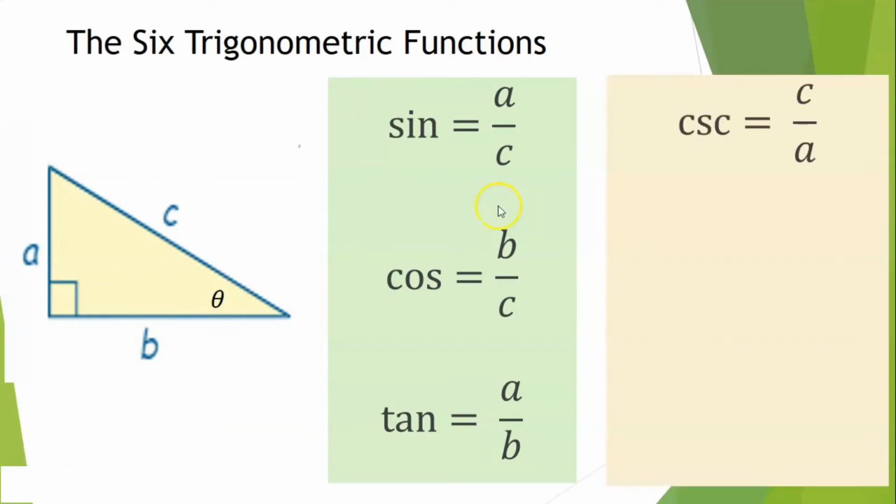The reverse of sine is cosecant, so opposite over hypotenuse becomes hypotenuse over opposite. For secant, this is hypotenuse over adjacent side. For cotangent, this is adjacent over opposite.